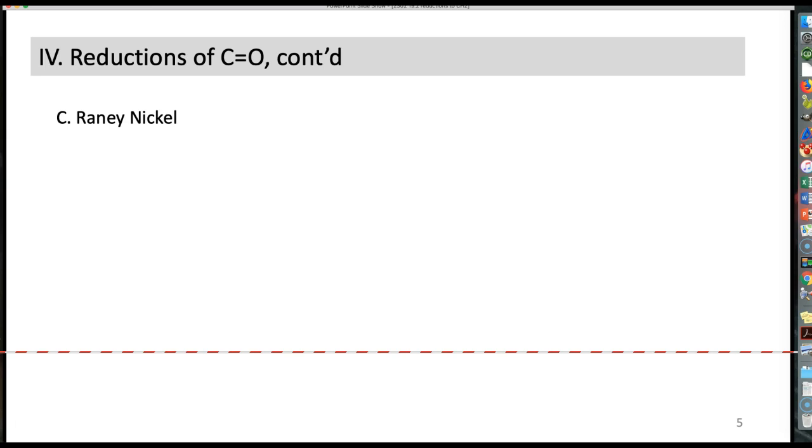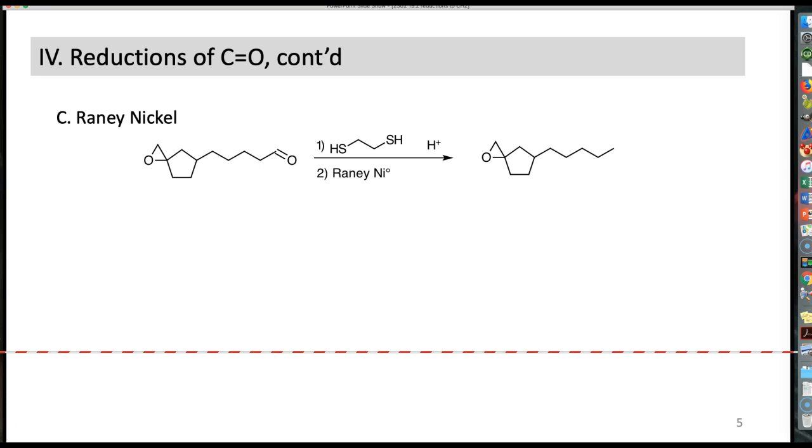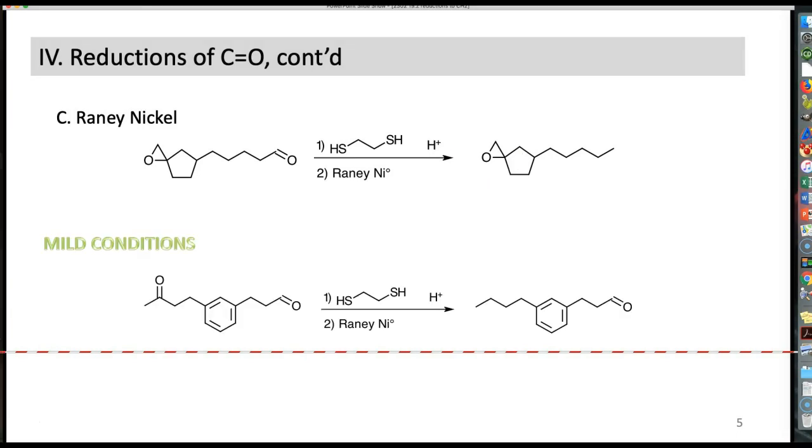So there's one more choice, and that is to use Raney nickel. Raney nickel is a very conveniently mild way to reduce a carbonyl down to the alkane. And you can see how mild this must be if I carry out this reaction in the presence of an epoxide right here, and the epoxide is untouched. So that's pretty wild, and pretty mild too. How does this work?